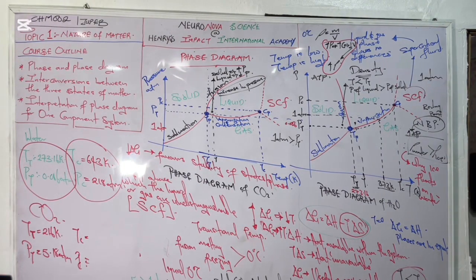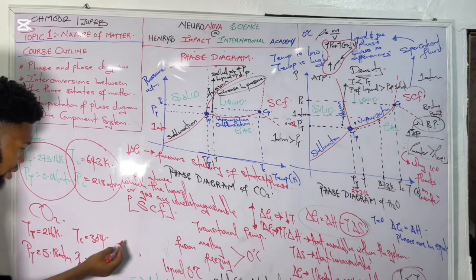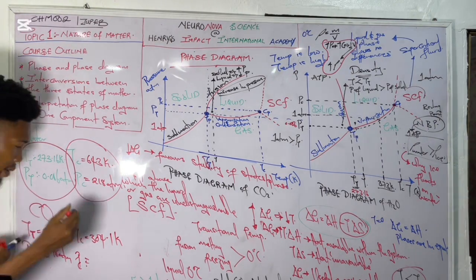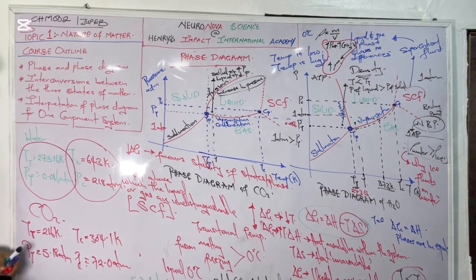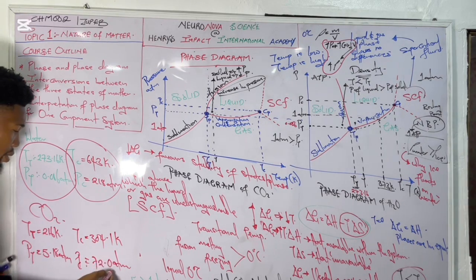Now, how about your critical point? For your critical point temperature, you have 304.1 Kelvin, and for the pressure, it's usually around 72.0 ATM. So we have 304.1 Kelvin and 72.0 ATM.